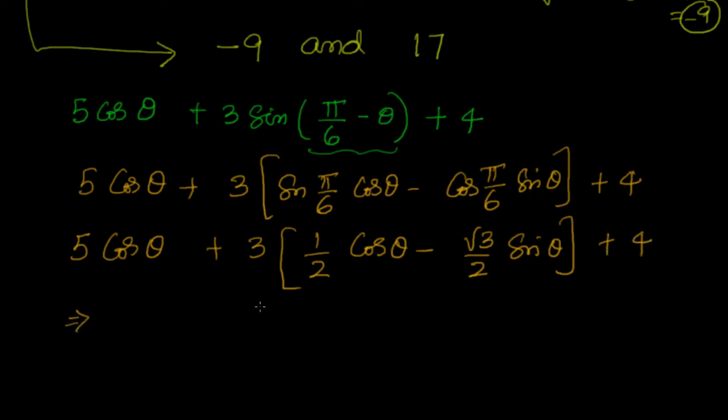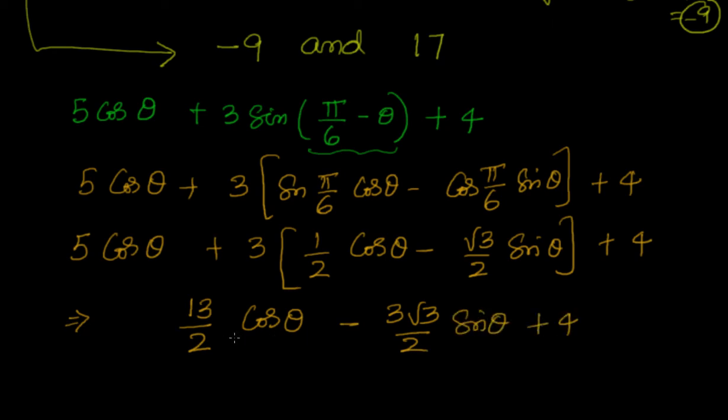If you simplify that, we have 5 plus 3 by 2, that is nothing but equal to 13 by 2 cos theta minus 3 root 3 by 2 sin theta plus 4. Now we have it in the form of a cos theta plus b sin theta plus c. So a is 13 by 2, b is 3 root 3 by 2, and c is equal to 4.